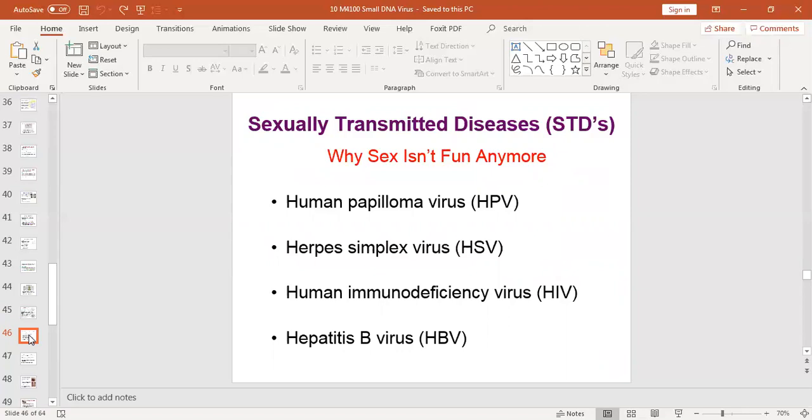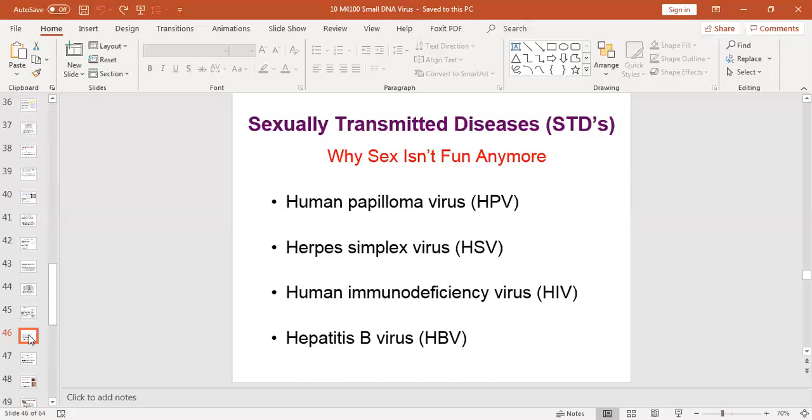The reason why sex isn't fun is because of the presence of these vast number of viruses that can easily cause devastating sexually transmitted diseases.